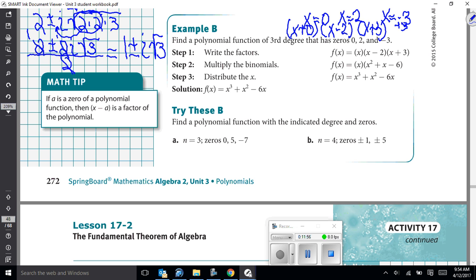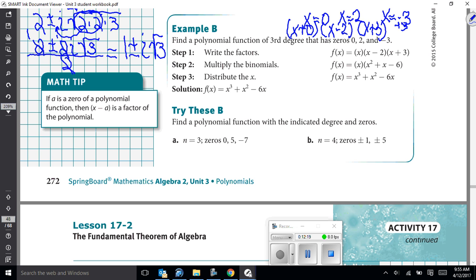Now from the first step to the second step, it says multiply the binomials. So what did they do? They FOILed. They multiplied these together. So x minus 2 times x plus 3 gets us this one here.